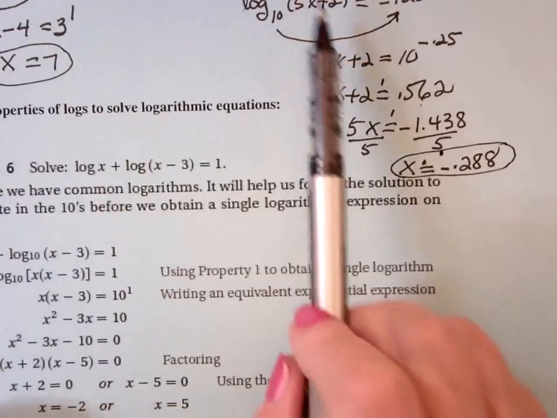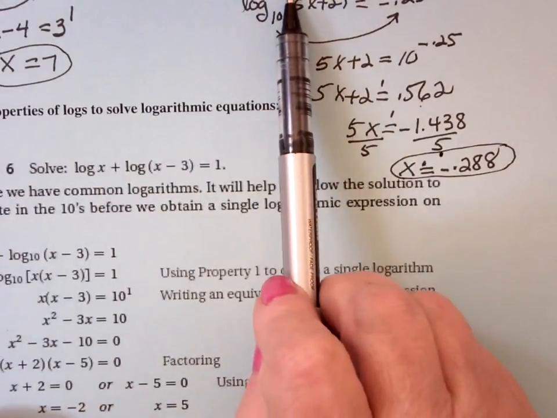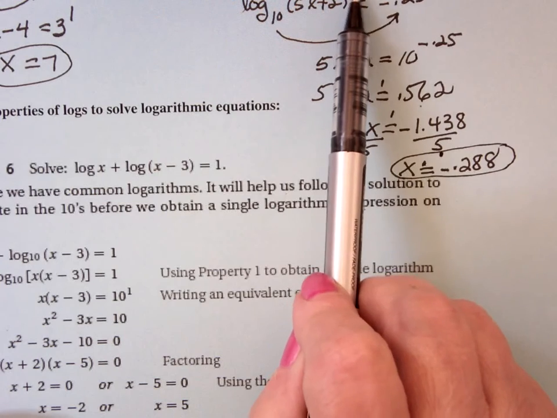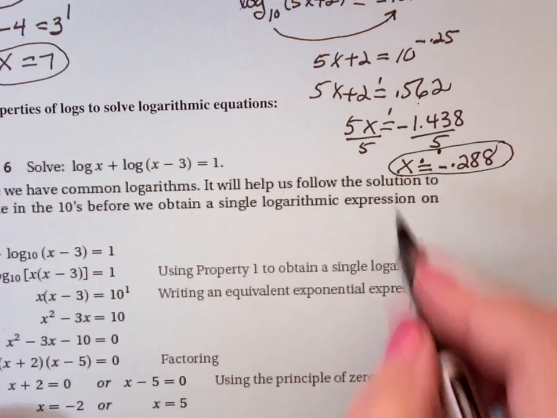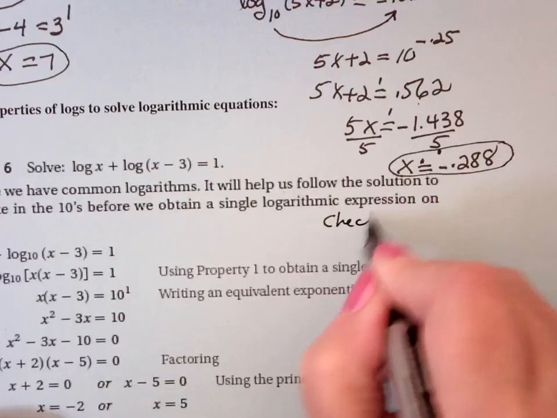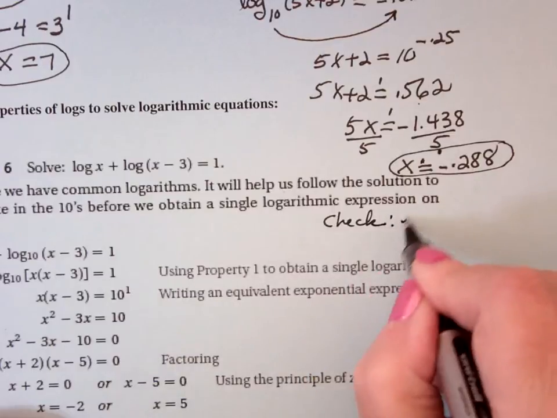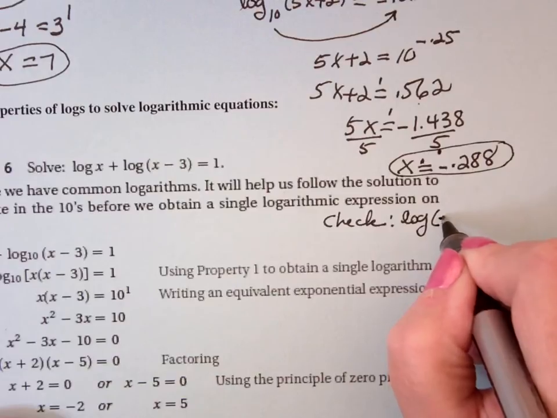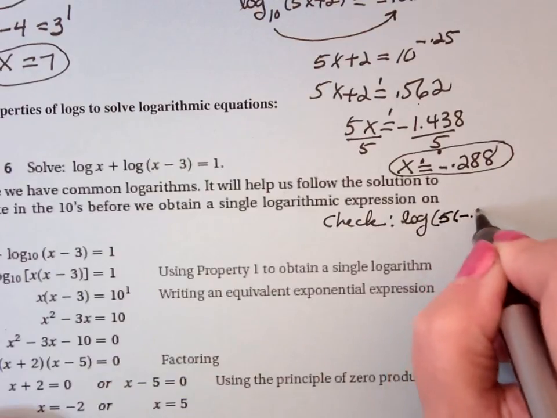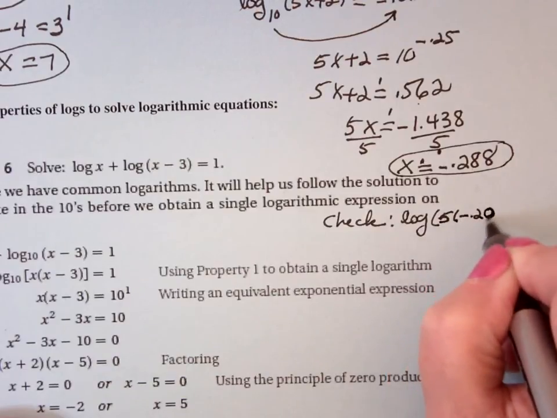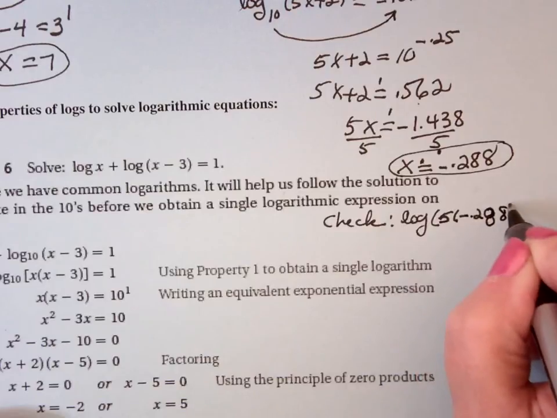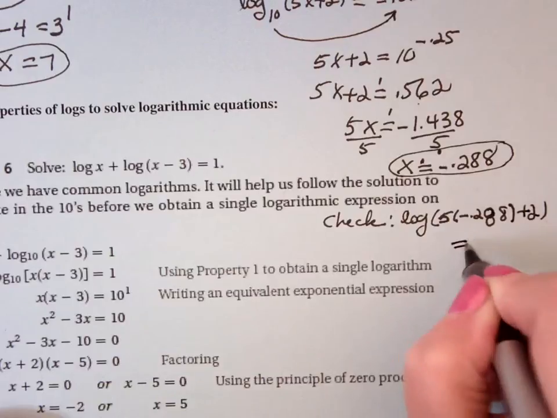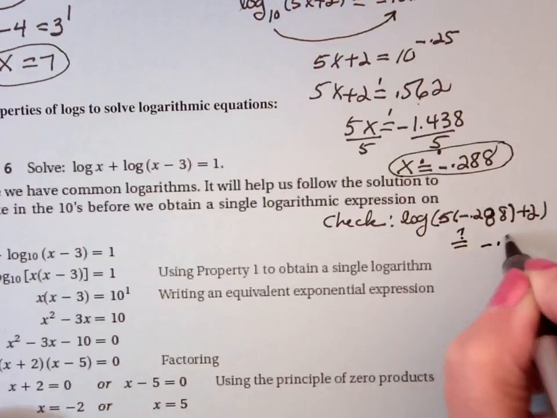So it says that the log of 5x plus 2 should be equal to negative 0.25. So if I wanted to do a check, is it true that the log of 5 times negative 0.288 plus 2 is equal to negative 0.25?